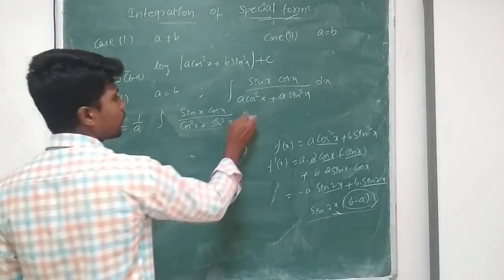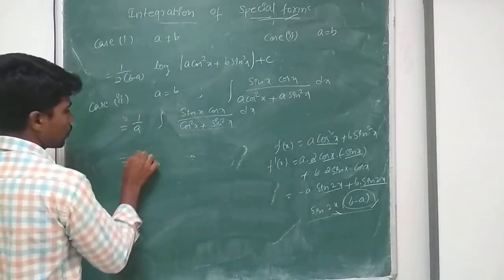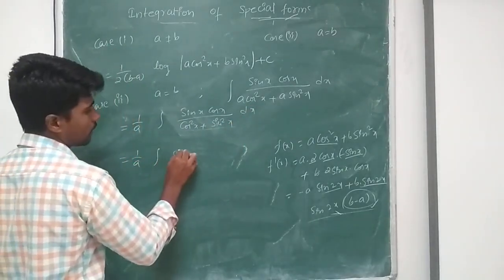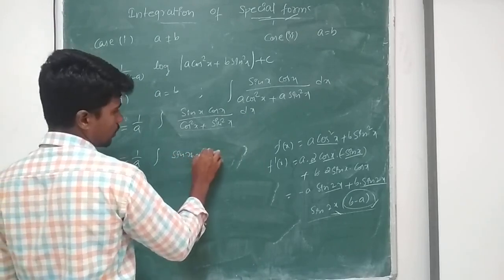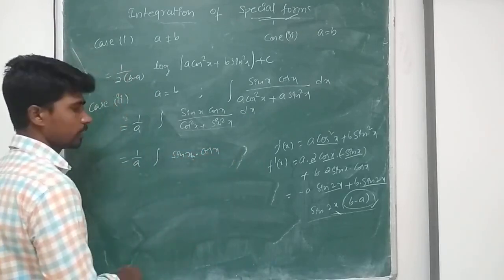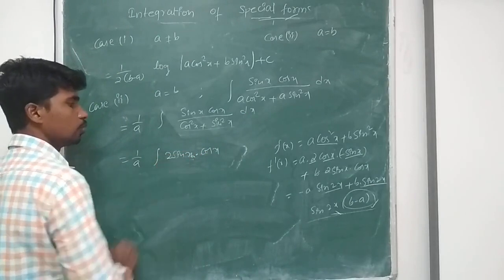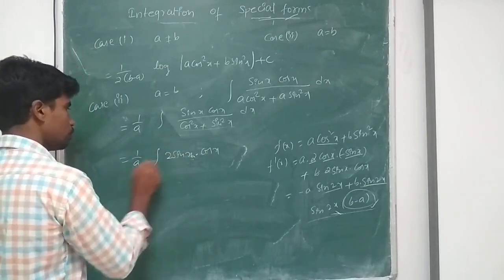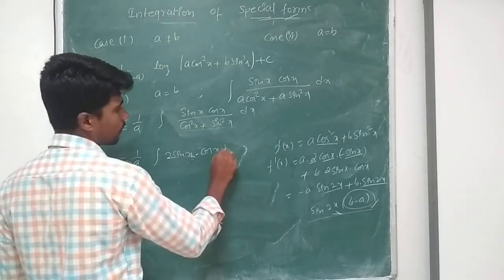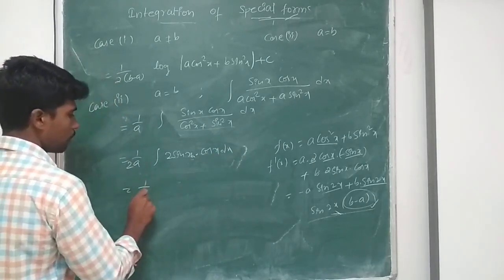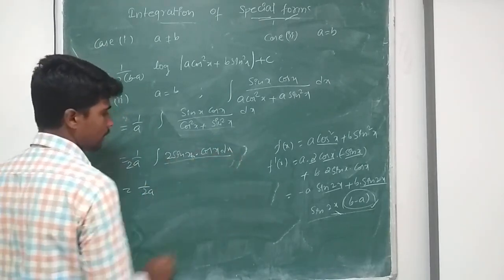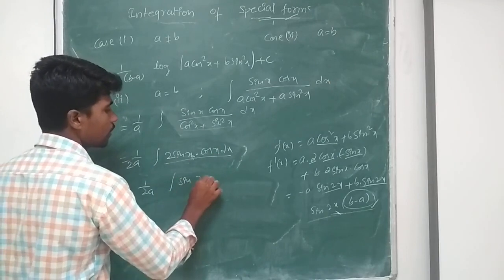If I substitute that value as 1, I get 1 by a integral sin x into cos x. So for this particular purpose, I need 2 to convert it in the form sin 2x, into 2 divided by 2. So I get 1 by 2a into integral sin 2x.